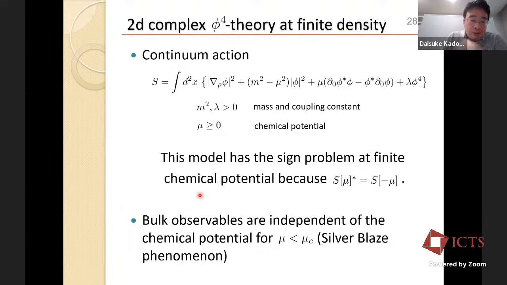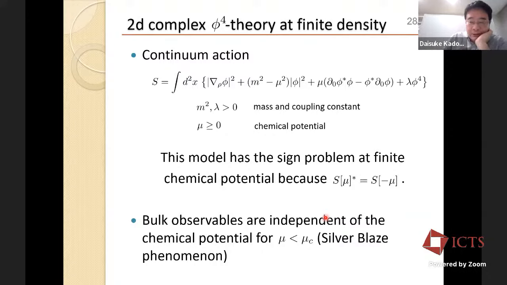And the theoretical prediction tells that the bulk observables, such as particle number density, are independent of the chemical potential, which is less than some critical value. This phenomenon is called the Silver Blaze phenomenon, and it is closely related to the imaginary part of the action.